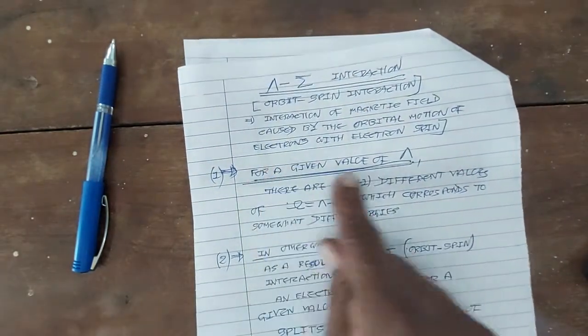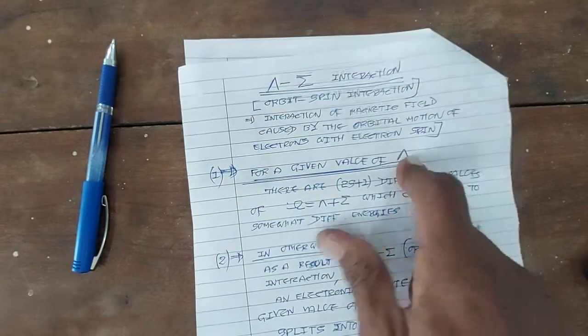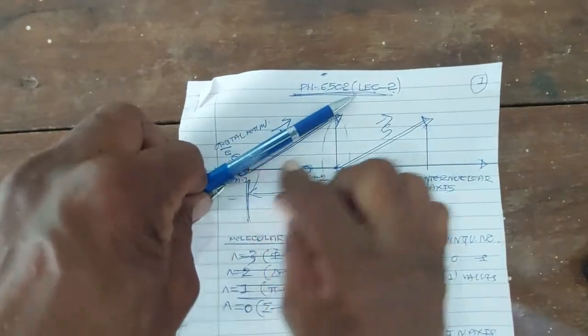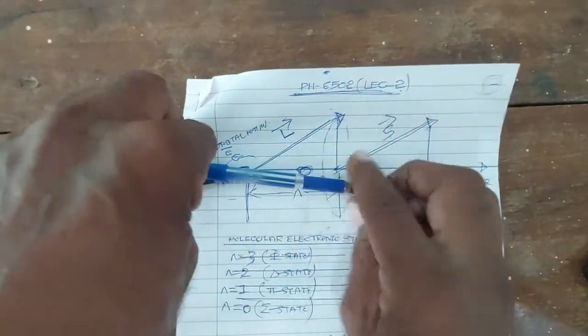Now, for a given value of quantum number lambda, what is lambda? You must be aware of lambda. It is the component of electronic angular momentum L of the molecule along the internuclear axis.